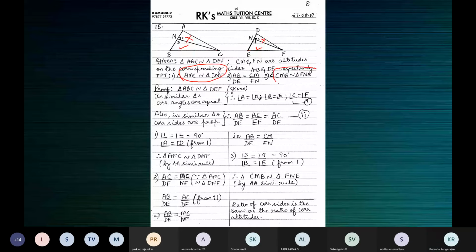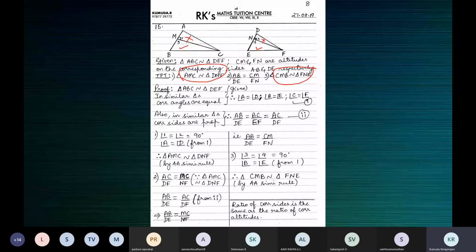CMB, FNE, this one. So we are proving that the triangles on either side of the altitudes are similar to each other.